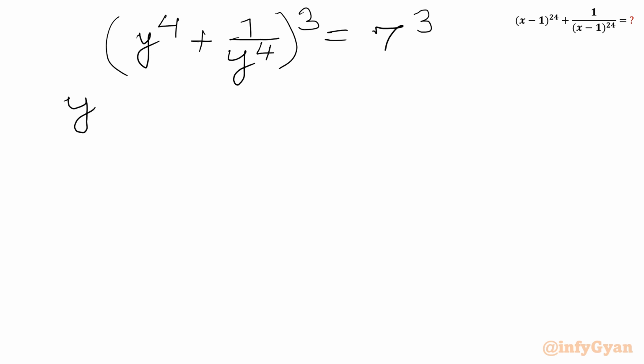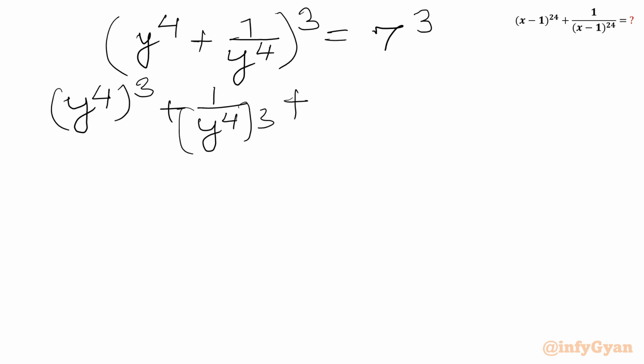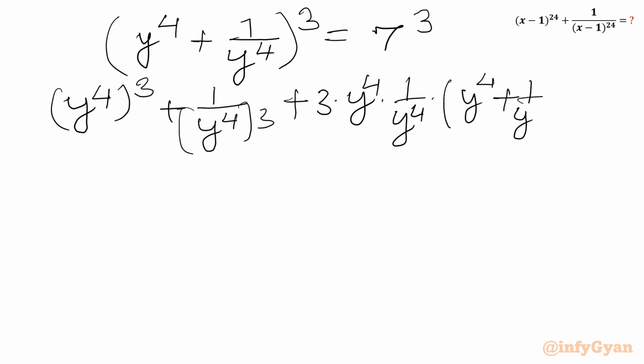So I can write (y power 4) whole cube, a cube, plus (1 over y power 4) whole cube, b cube, plus 3 times y power 4 times 1 over y power 4 times (y power 4 plus 1 over y power 4) equal to 7 cube. This will be equal to 343.